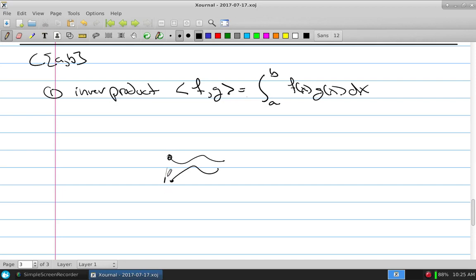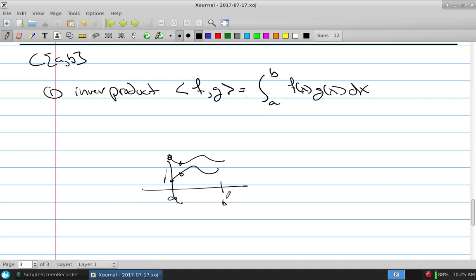And then doing what? Adding the infinite number of them. So every one of these, I multiply that one and that one, get a number, and then add them all from a to b. It's the same thing. It's exactly the scalar product, except it has an infinite number of things. I multiply them and add up those infinite number of things from a to b. And I get what? I get a scalar.